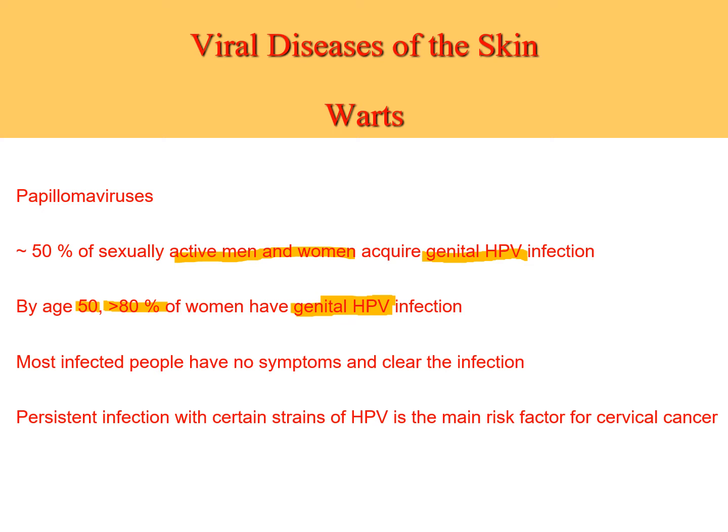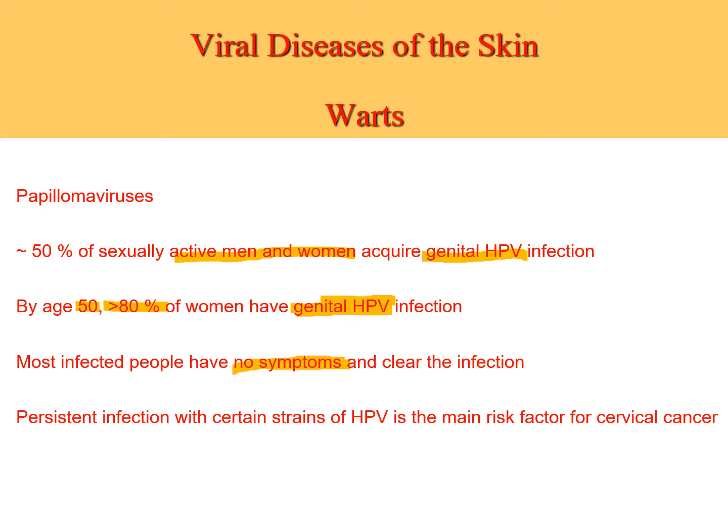Most infected people, even though they have an infection, will not have any symptoms or any sign of the infection, will not have warts, but will have been infected. And these kind of infections are cleared and nothing's seen and it's gone.